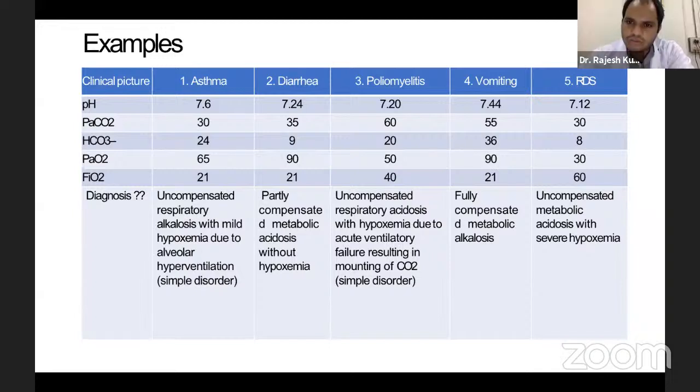In these scenarios, what ABG will you find? In asthma, vomiting, respiratory distress syndrome, poliomyelitis, and GBS, you will find these types of ABGs.